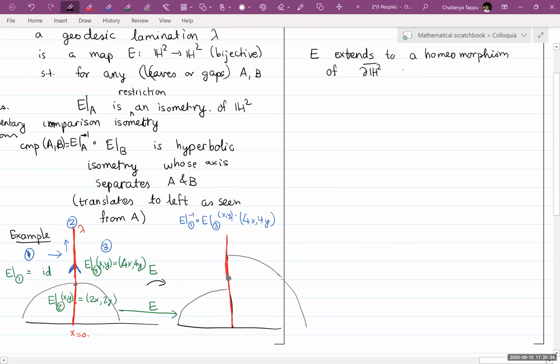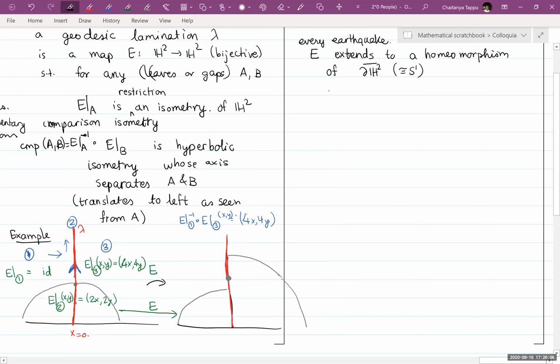So the boundary, remember, is just a circle. Right. Okay. So every earthquake gives a homeomorphism of the boundary, and a homeomorphism of the boundary is exactly what a hyperbolic structure, a relative hyperbolic structure on the hyperbolic plane is, right?